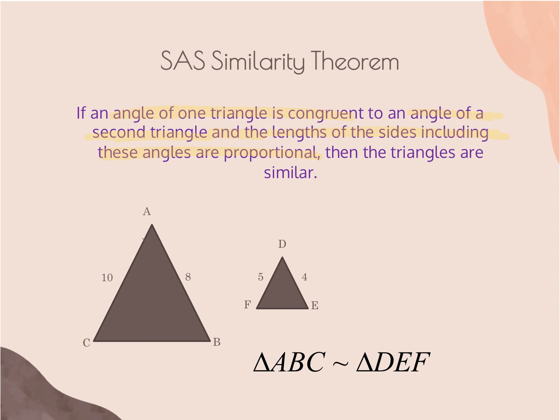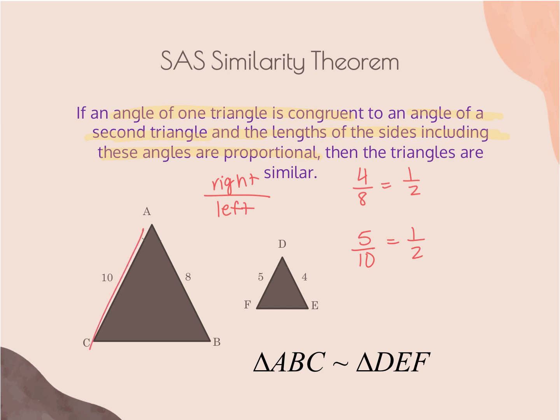Looking at my sides, I'm going to do the same thing, right over left. And I'm doing 4 over 8 and 5 over 10. Again, simplifying these, I'm going to get the same thing as I did before.